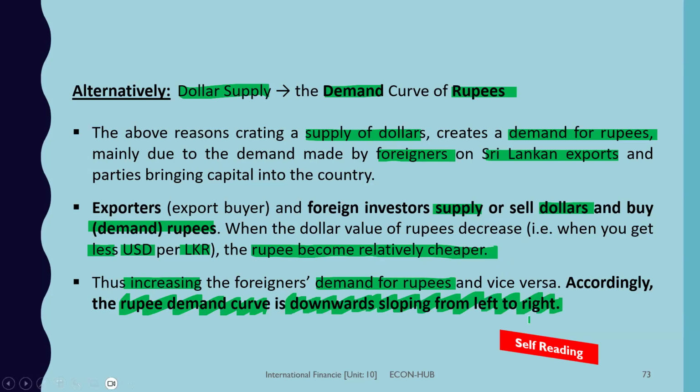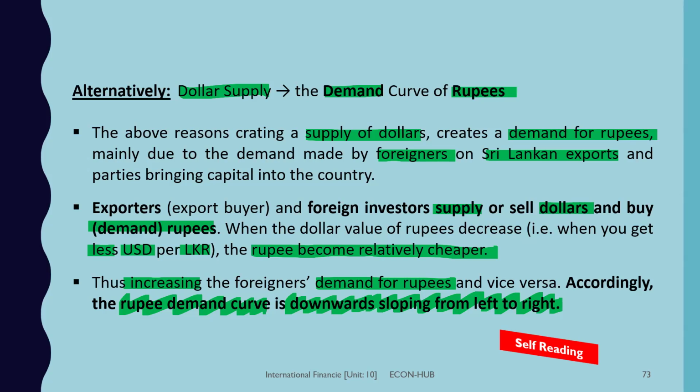Is that clear? So always we connect the dollar demand, rupee supply, dollar supply, rupee demand. It's very easy to remember. If it's demand in one, supply in the other. Excellent. Very simple. And like the demand and supply curves for normal goods and services, dollar demand and rupee demand curves are downward sloping. Dollar supply and rupee supply curves are upward sloping.